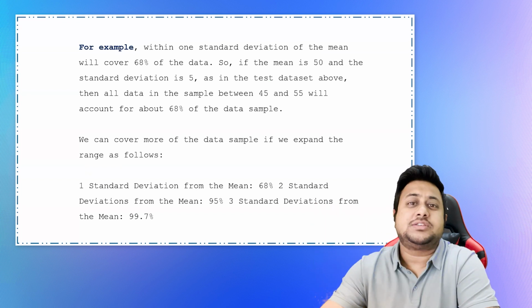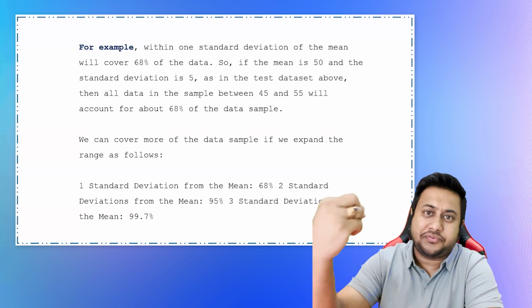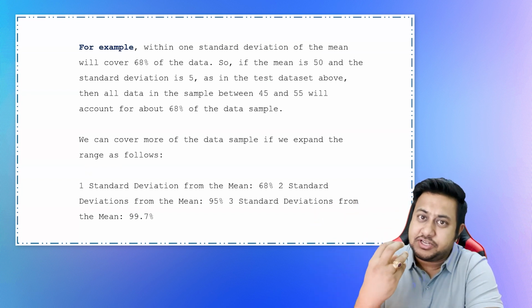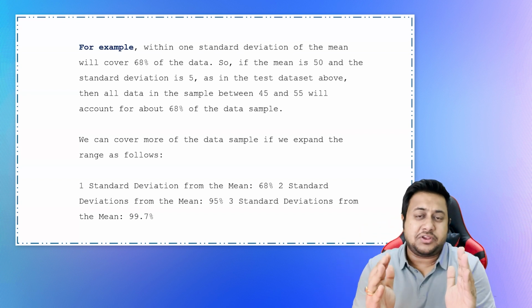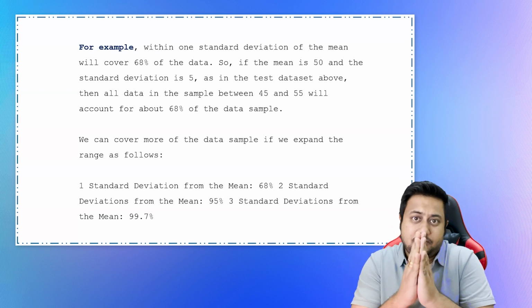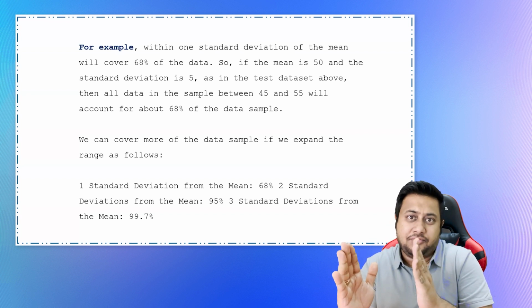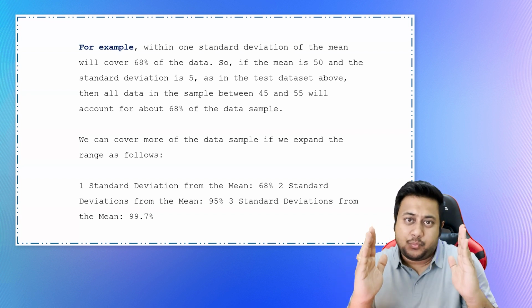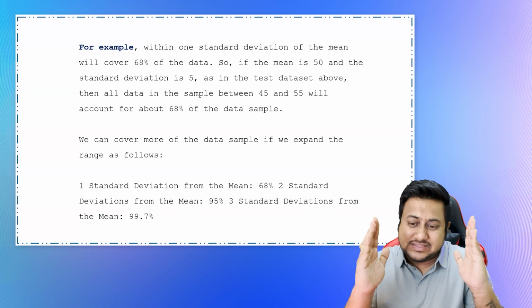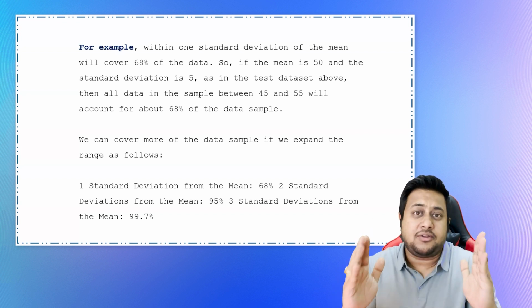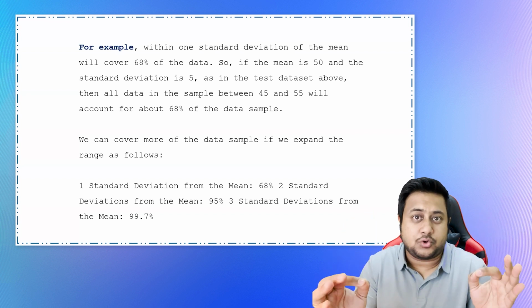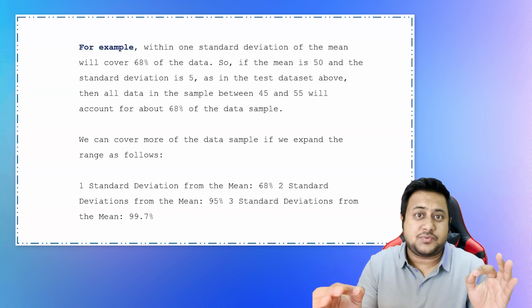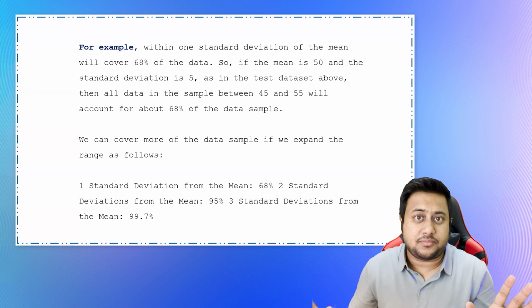So if the mean is 50, आपका average 50 है, and your standard deviation is 5, that means plus minus 1 standard deviation is middle पे mean रहता है and then 55, 45. That means within 45 and 55, 68% of the data are falling if the data is following standardization rule. Okay, if the data is following the normal standardization curve, right?